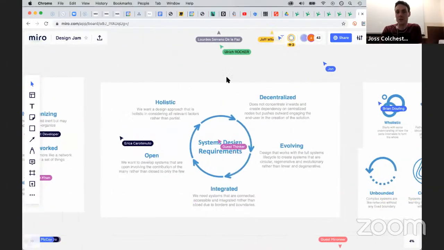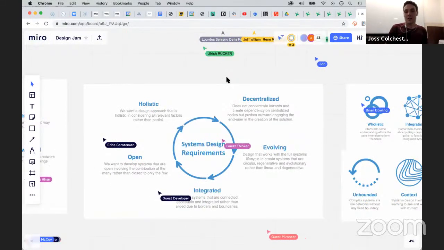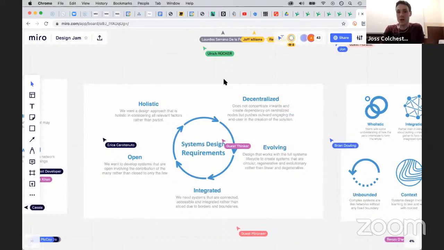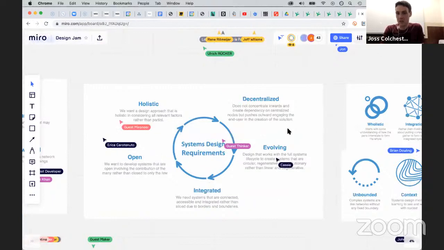What are the kind of principles? What are the kind of requirements, actually, that we're going to need when dealing with these kinds of systems? So holistic: we want a design approach that's holistic in consideration of all relevant factors, rather than partial. Open: we want to develop systems that are open, involving the contribution of the many, rather than closed to only the few.